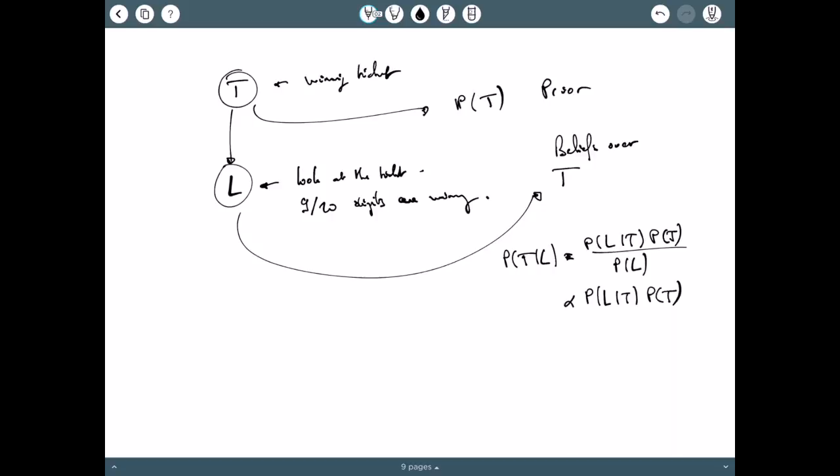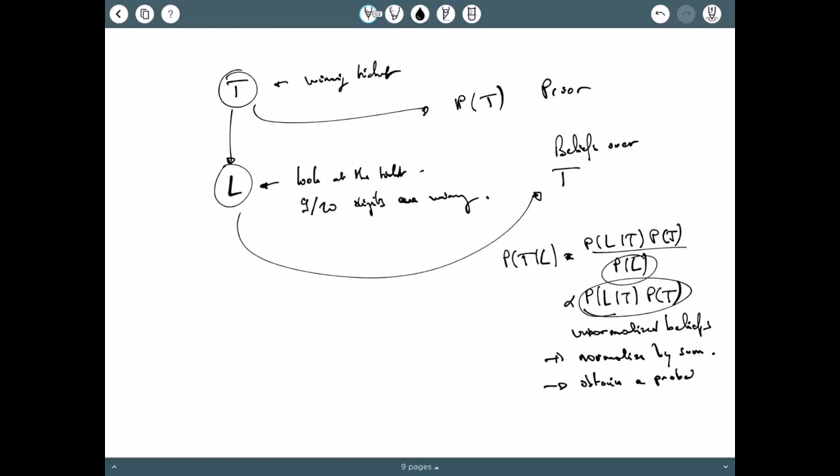You'll know that this normalizer doesn't depend on T, so all you have to do is compute these unnormalized beliefs, which are likelihoods over the different states of T, and then you just normalize by the sum, and now you obtain a probability distribution. Okay, and this is called a posterior. So now that you've incorporated the information you have about the world, you've changed your beliefs over T.